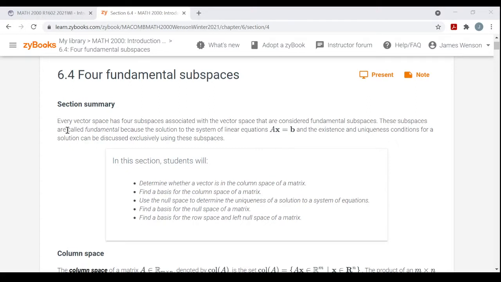These subspaces are called fundamental because the solution of the system of linear equations, say some matrix A times some column vector x equals a column vector b, and the existence and uniqueness conditions for a solution can be discussed exclusively using these subspaces that we're going to be introduced to.